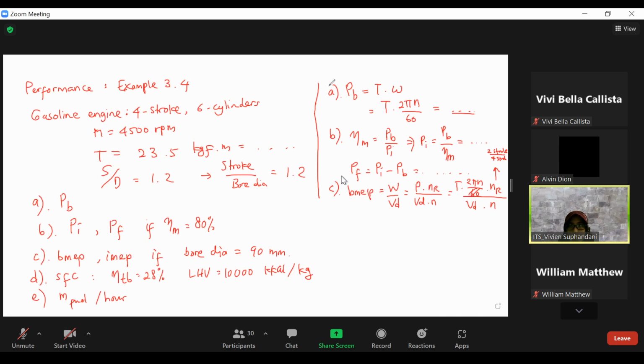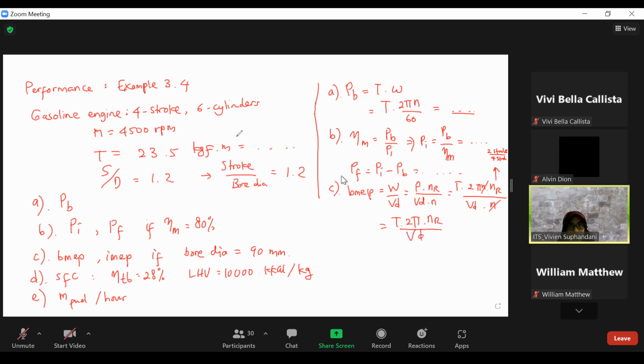It will be crossed, so I will erase that. So that will be 2 pi N, because we will erase that. So that will be gone. So that will be T, the torque. Yeah, we have the torque times 2 pi times NR divided by VD.